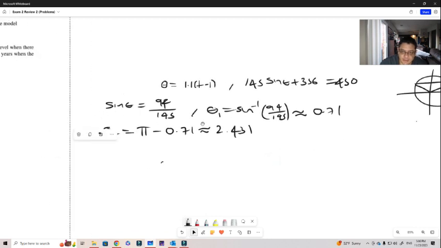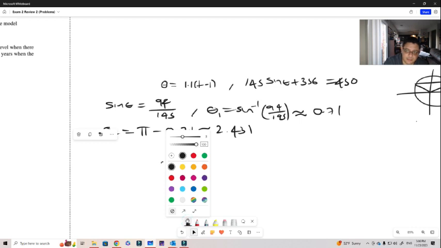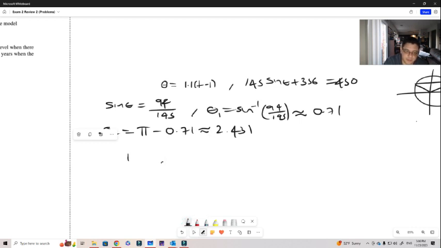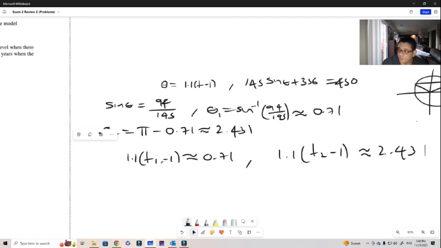Now I can get my different values. Remember that this is theta 1 and theta 2, so I have to remember that those depend on t. So I can say 1.1 t1 minus 1 is going to equal 0.71, and my second equation is 1.1 t2 minus 1 equals 2.431. Once I solve these equations, I find that t1 is approximately 1.65, and t2 is approximately 3.21.